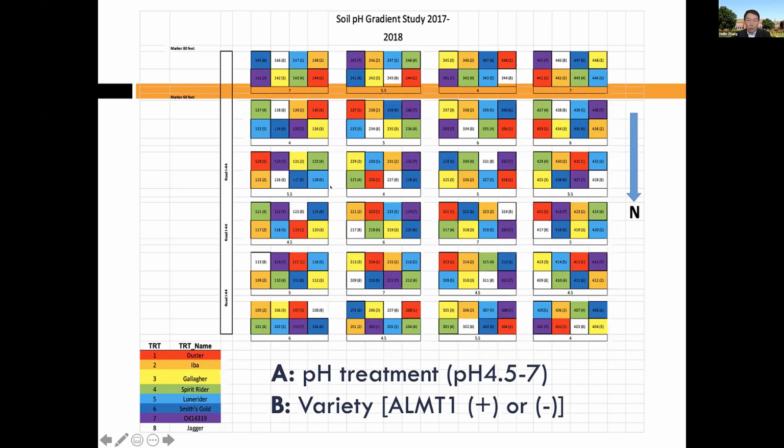So we tested them across a range of pH from 4.5 to almost 7. This study was conducted in Stillwater and Chickasha. The Chickasha soil is very different from Stillwater, and that's something we'll probably discuss later at another time.